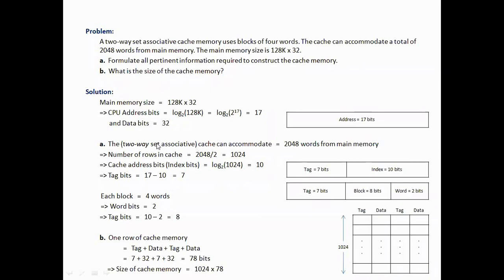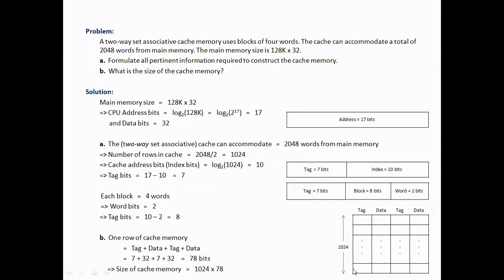So how many rows of cache will there be in total? The number of rows in the cache will be 2048 by 2. This 2 came from two-way. Since in one row of cache two words can be stored, the total rows in the cache will be 1024.